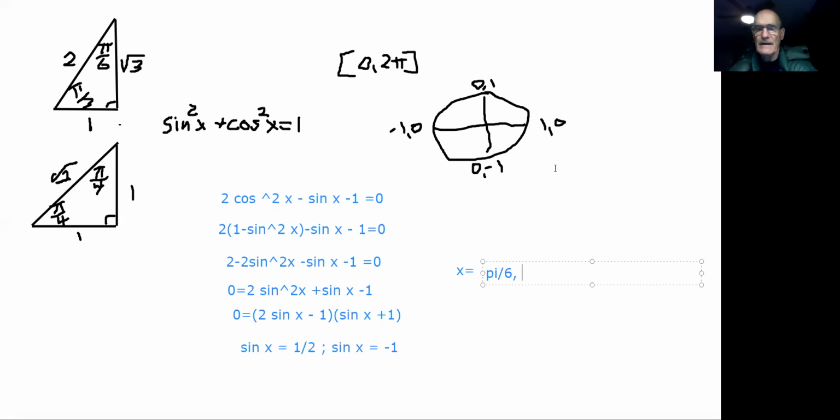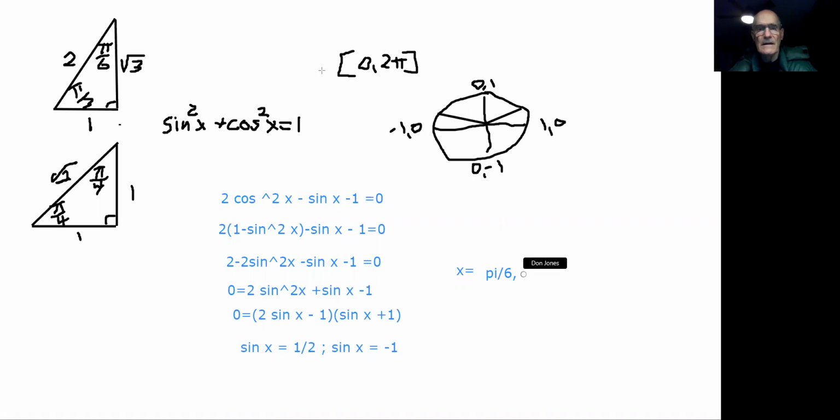If I have an angle right over here, which is pi over 6, then I also have an angle right over here with the same reference angle. If this angle is pi over 6 and this is pi, then that's 5 pi over 6.